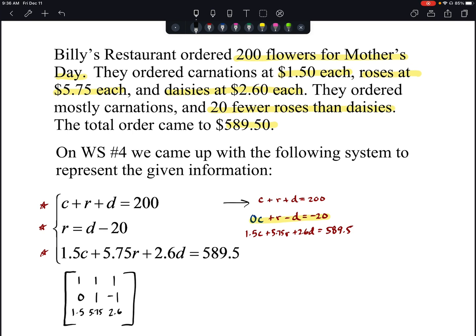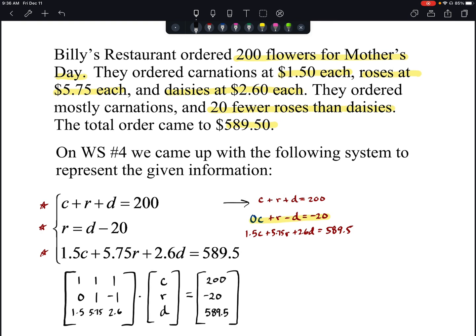So when we multiply that, we're going to multiply it by a 3 by 1 matrix, which should be our variables, right, in that same order, C, then R, then D. And that should equal 200, negative 20, and 589.5.